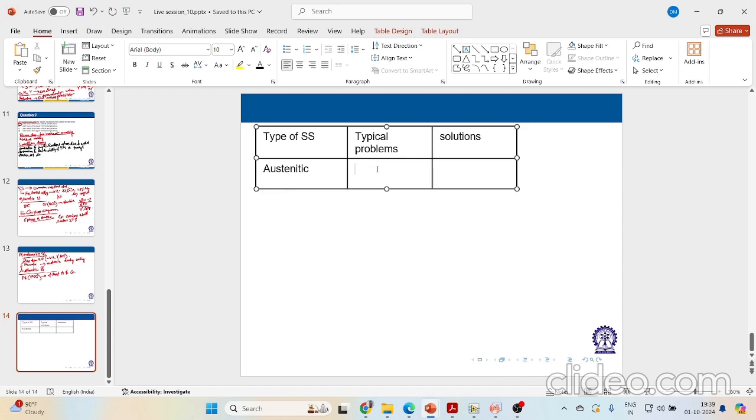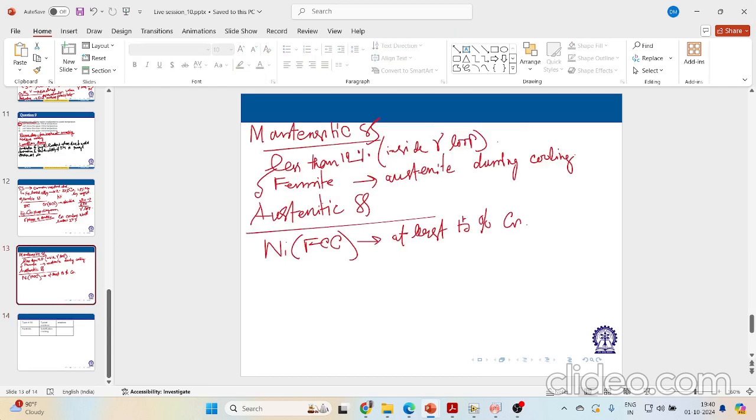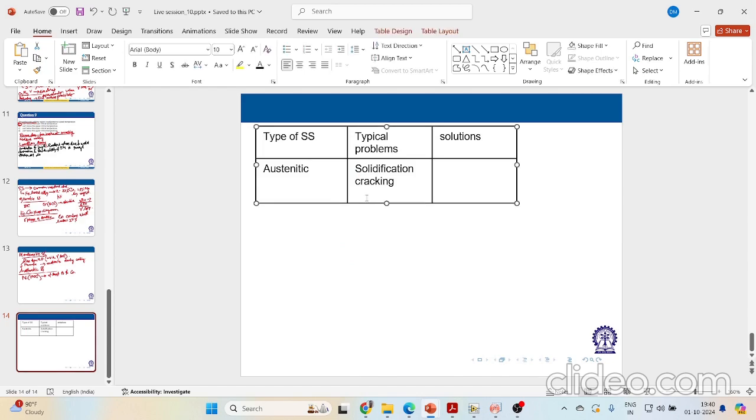So first we'll be talking about austenitic stainless steel. The typical problems associated with austenitic stainless steel are solidification cracking and hot cracking in the partially melted zone. What can be some solutions? We can use proper filler wire, right?